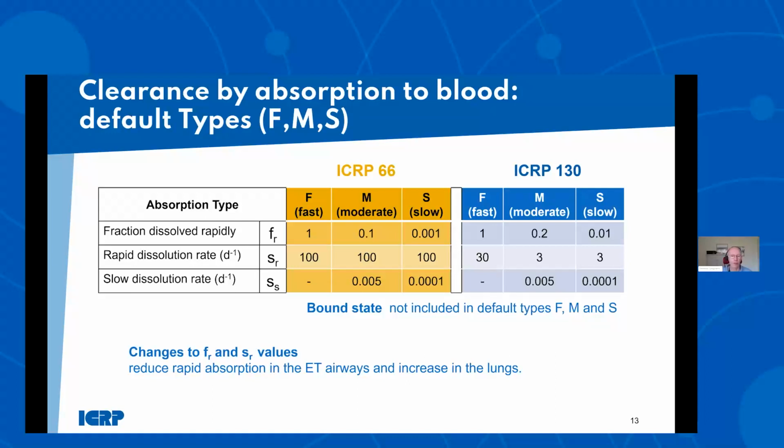It wasn't in the old model, and it's not in the new. One comment is that these changes to the default values can have as an effect a reduction of the rapid absorption in the extrathoracic airways and an increase of the rapid absorption in the lungs.